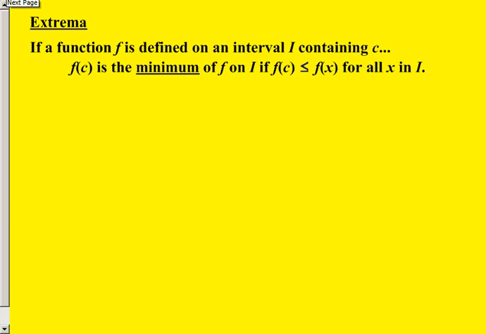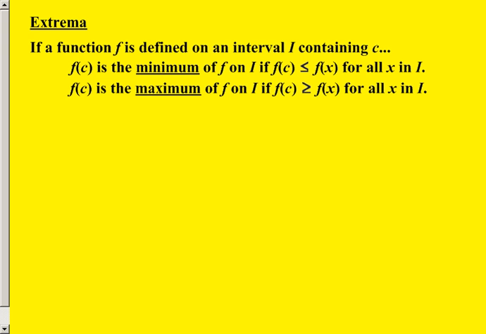Now, when you get to thinking about what that actually just said, that makes perfect sense. That is more of a postulate than a theorem. That is just simply the way things are. Similarly, the function evaluated at c will be a maximum of the function within the interval if the function evaluated at c is greater than the function for all x values within the interval.